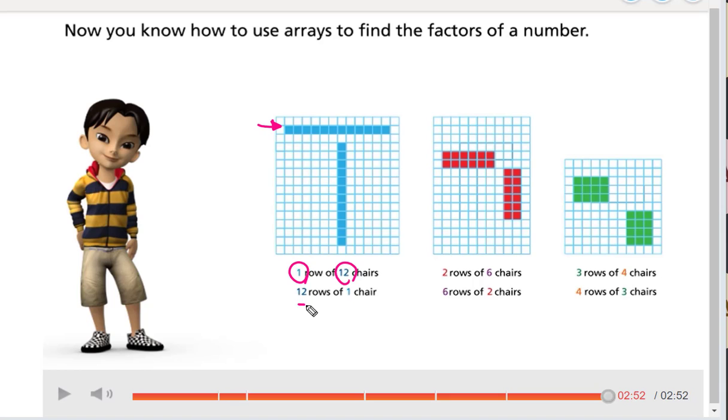And of course, it's the same as 12 by 1. So 1 and 12, 2 and 6, 3 and 4. These are the factors of 12. Now, my heroes, we will move back to the book.